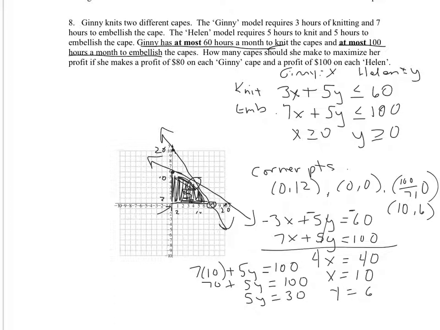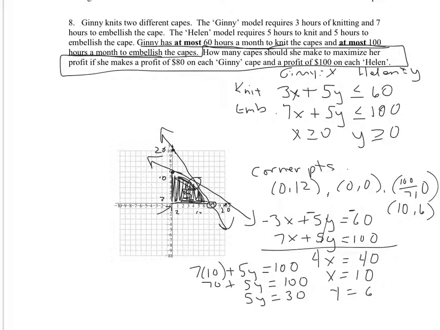So at this point, we have all the same information we had from our earlier lesson. Now we're going to look at this last sentence and see if we can come up with the cost equation and give them the requested information. They want to know how many capes she should make to maximize her profit. Now remember, if I'm looking for a maximum, this has to be completely bounded.